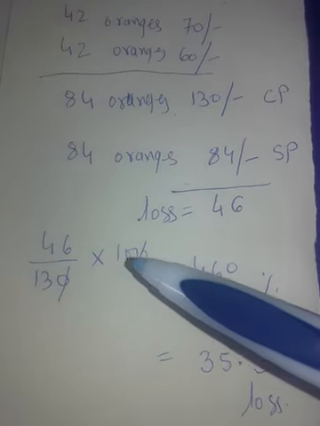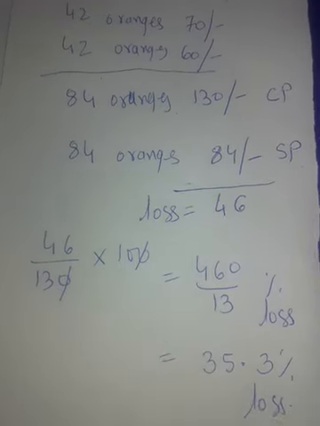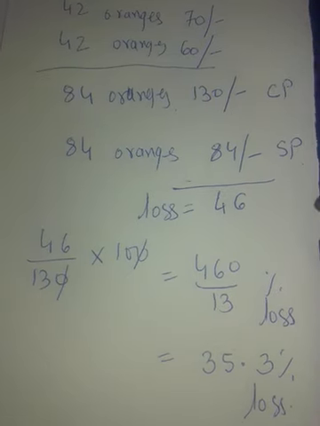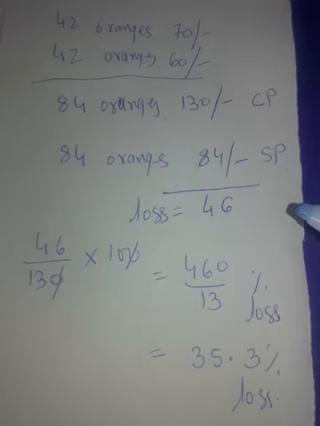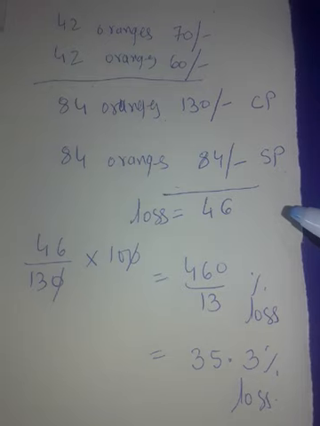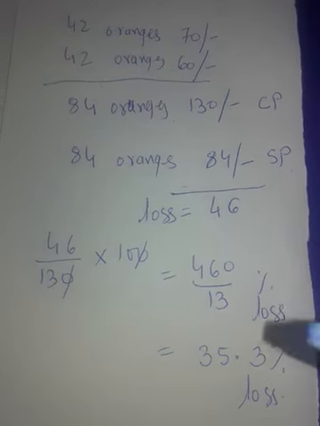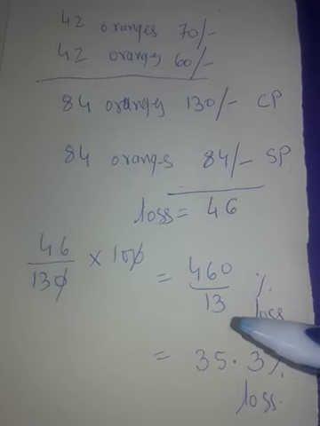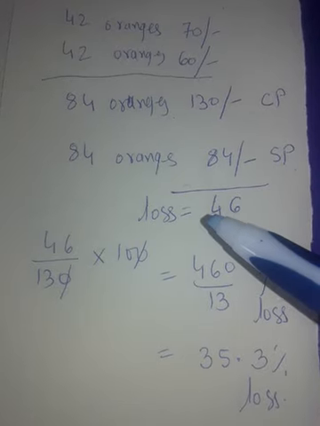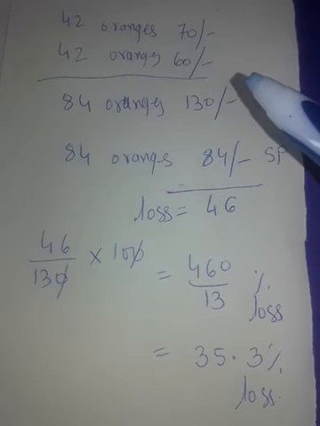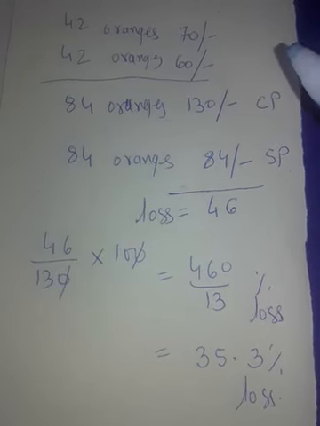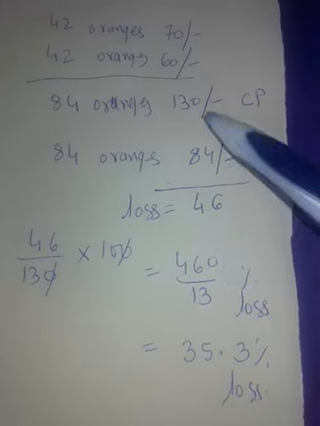See, it's not necessary that you use unitary method for profit and loss. But you should understand what implications are there when we find something for quantity 1. It helps you in other chapters. So it's my duty to explain all the basic concepts and then discuss all these shortcuts.